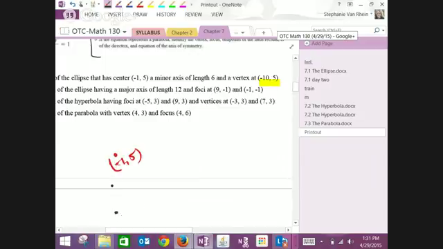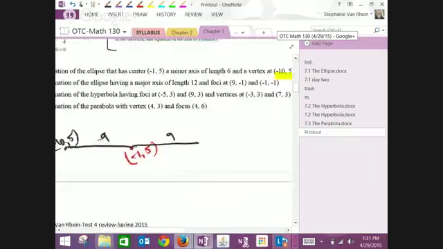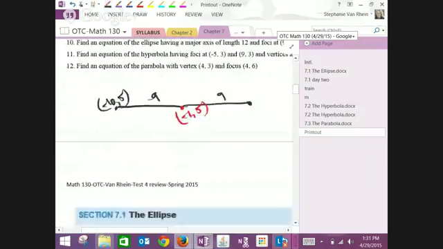You're right. The x is changing, not the y. This is -10, 5. Right? Distance is 9. So if this distance is 9, this distance has to be 9 for a total of 18. But 9, 9, that's fine. We don't need to know that. This is the x-axis, so that tells me that's the major axis.